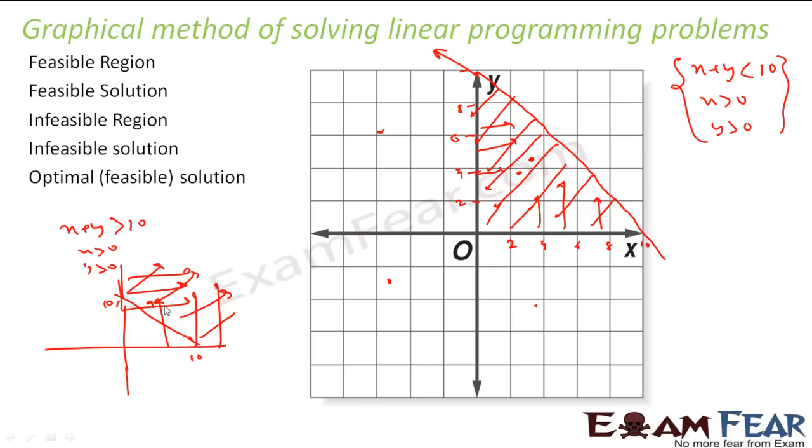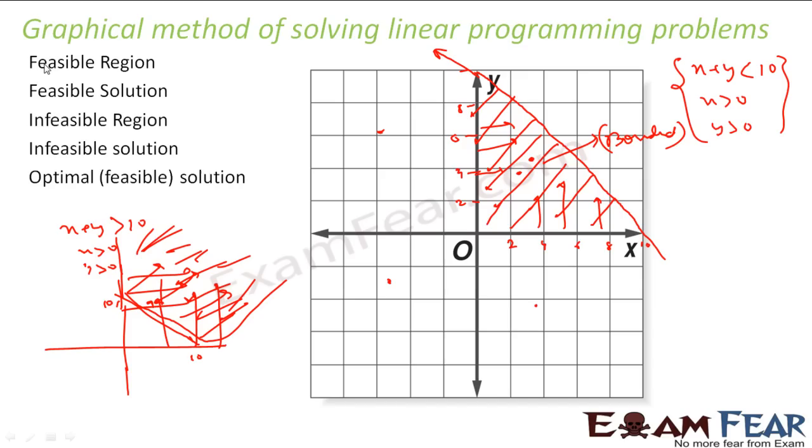So the area where all these three overlap, all this area, is my feasible region. The earlier one is bounded because it is bounded by a boundary, and I can see a convex figure. This one is unbounded because it goes to infinity. So we can have an unbounded region and a bounded region also.